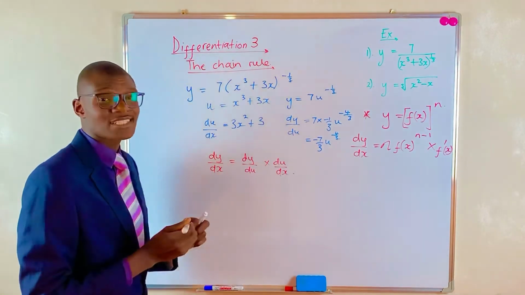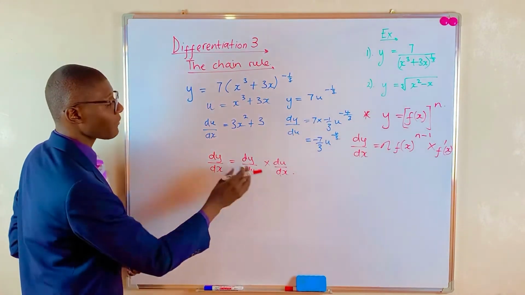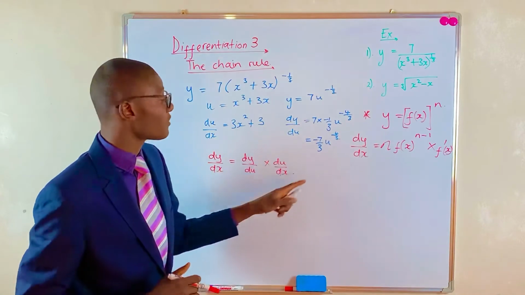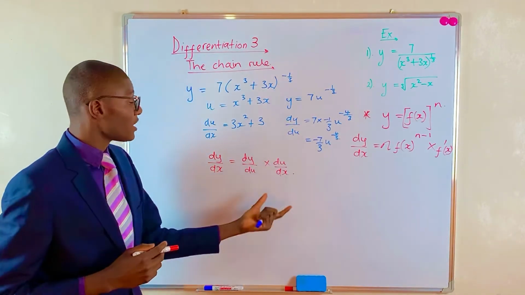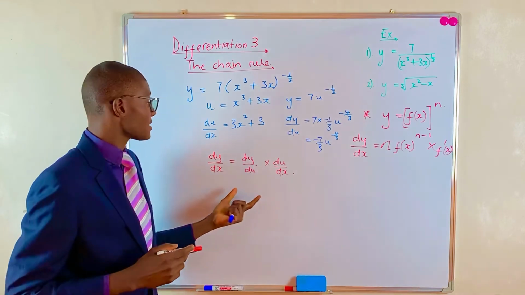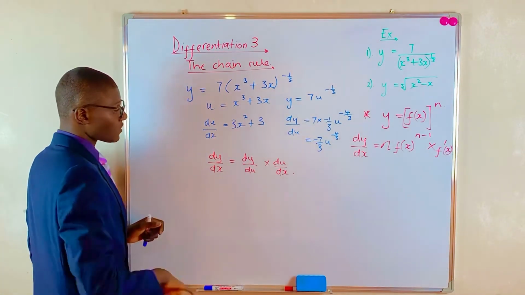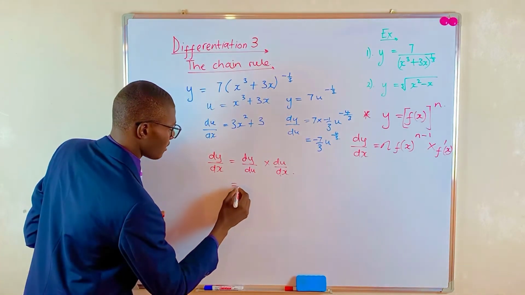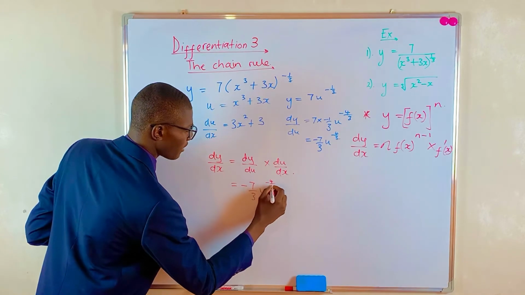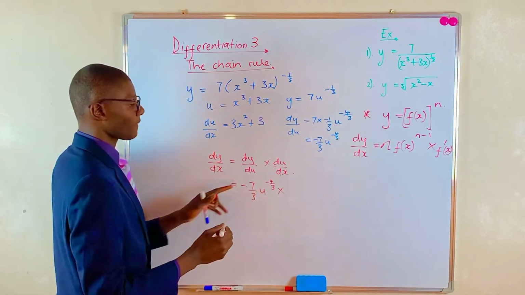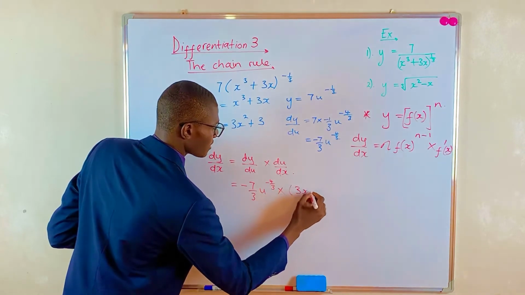So now the next step shall be to simply substitute. We know that our dy/du is minus 7 over 3, u to the power of minus 4 over 3. And then we know that our du/dx is 3x^2 + 3. So now we shall substitute to say minus 7 over 3, u to the power of minus 4 over 3, times du/dx, which is 3x^2 + 3.